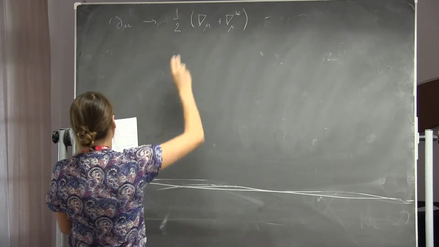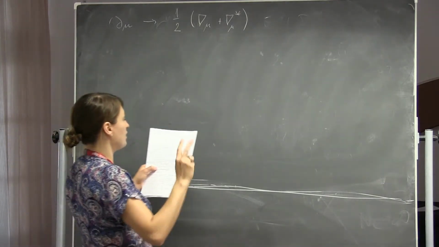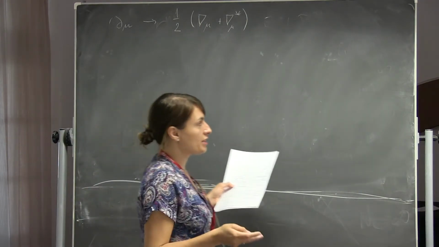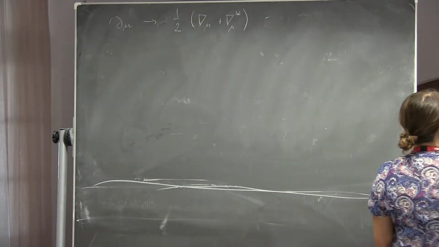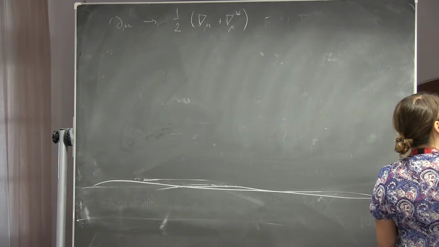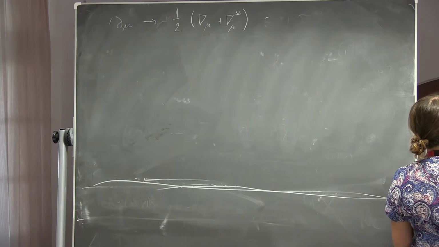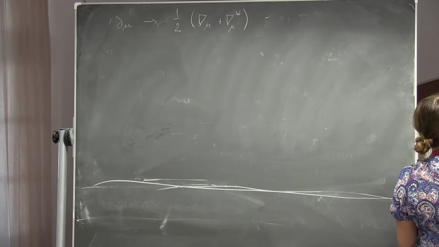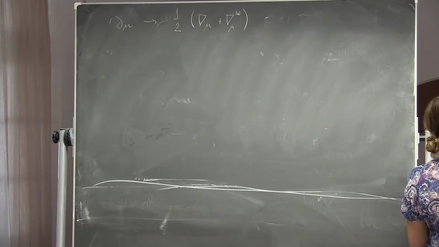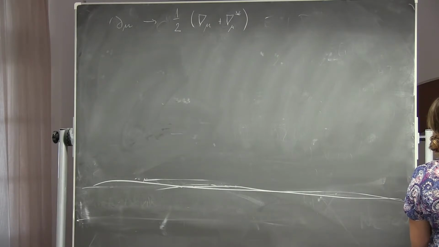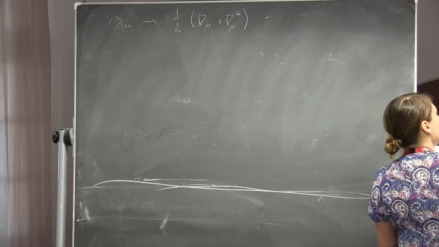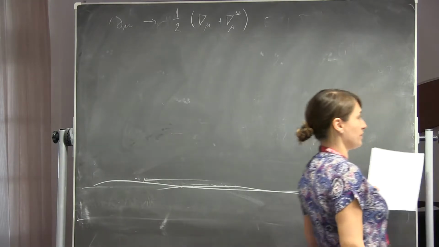And each of these derivatives just looks at the nearest neighbor differences, so between the field phi of x, and if this is a mu direction, then this nearest neighbor would be phi of x plus mu hat times the lattice spacing a.